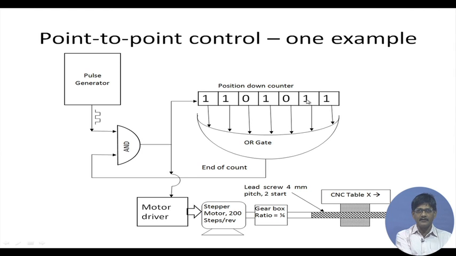It can contain a binary number here. And as the name suggests, position down counter, the content inside, for example 11011011, can be decremented.